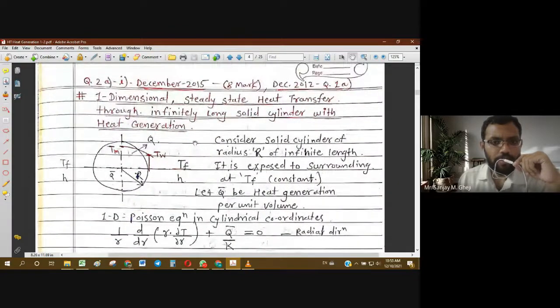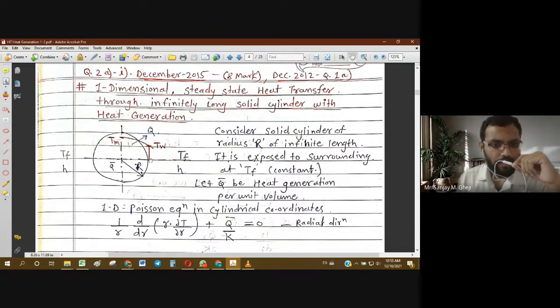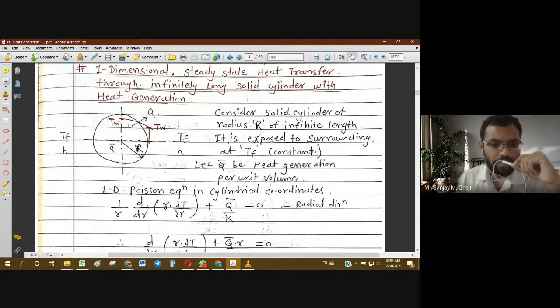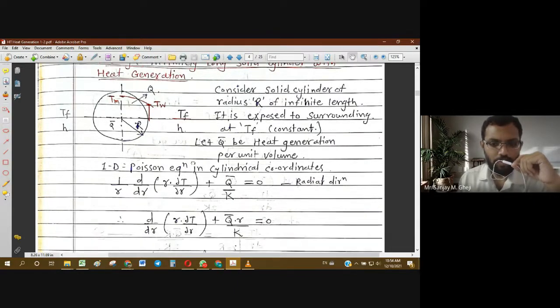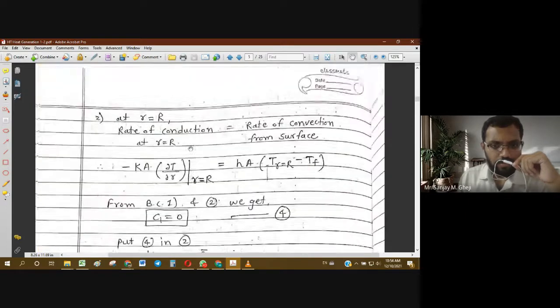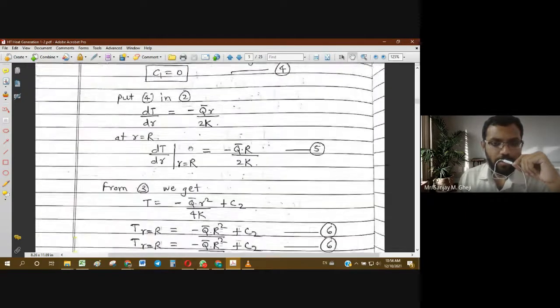As we are considering one-dimensional heat transfer, we are dealing with the radius term here. So we are considering the heat transfer in radial direction only. So this was the case of the solid cylinder.